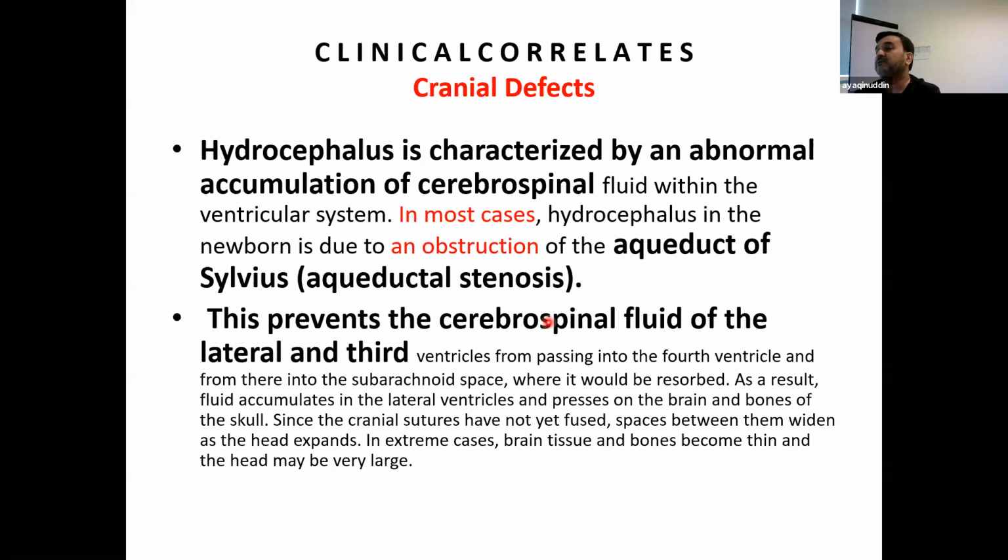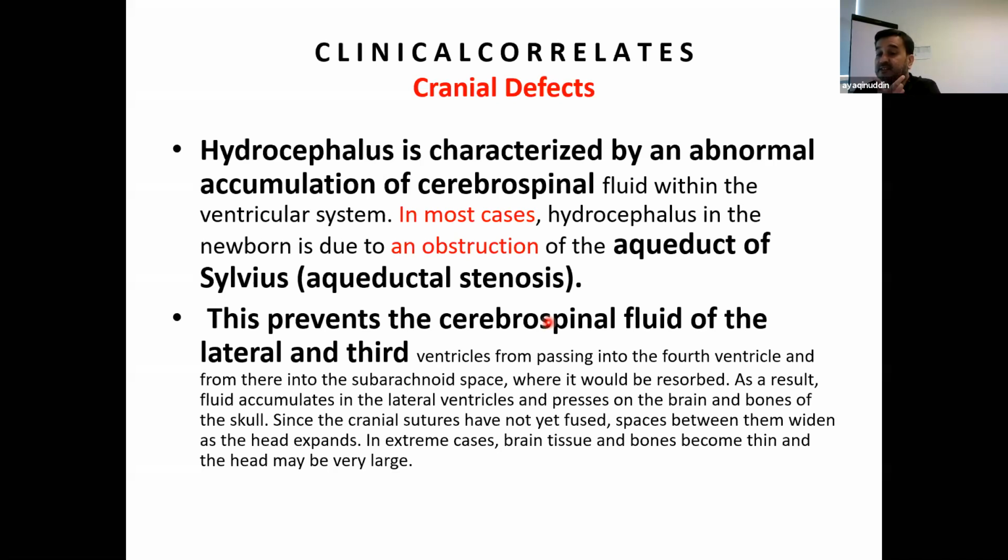And if it cannot come to the fourth ventricle, it cannot go into the subarachnoid space and then go over the top of the brain to get absorbed through the arachnoid villi. So this is more of the obstructive type of hydrocephalus. This prevents the cerebrospinal fluid from moving from the lateral ventricle and third ventricle into the fourth ventricle, and from there to the subarachnoid space to be reabsorbed.